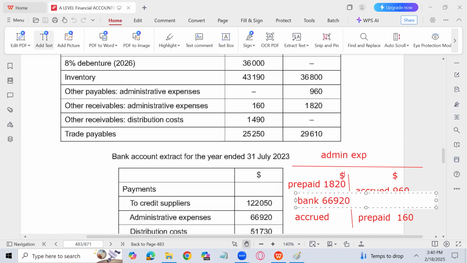And here I will find the profit and loss account figure. So I will take the total of the debit side and subtract the credit side to find the profit and loss account figure.